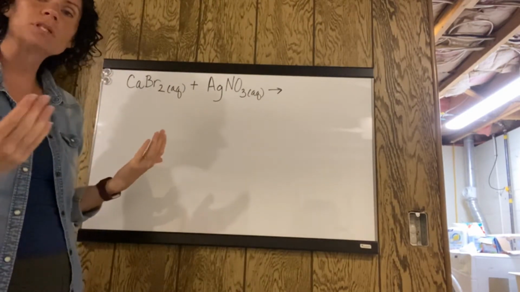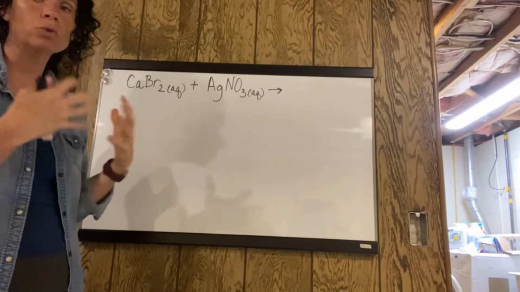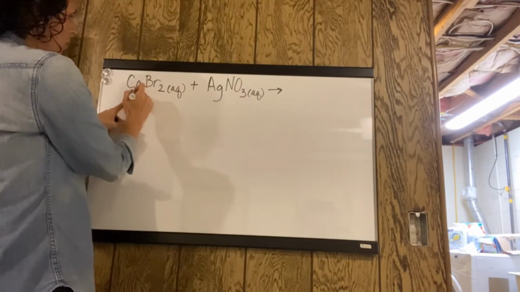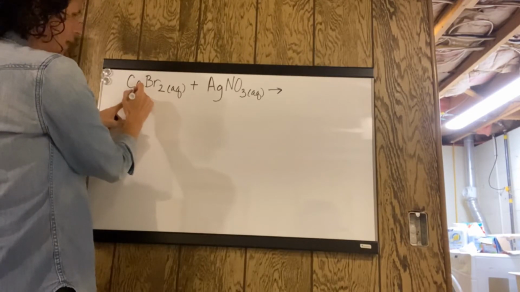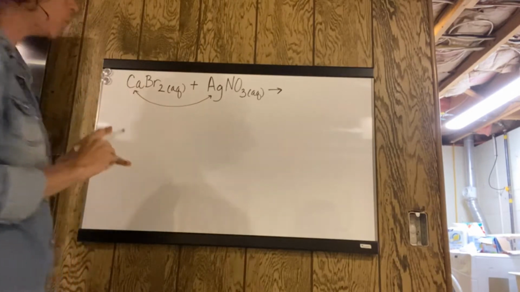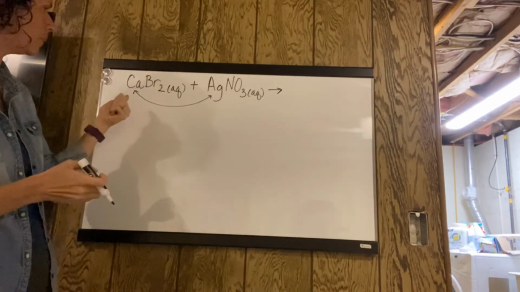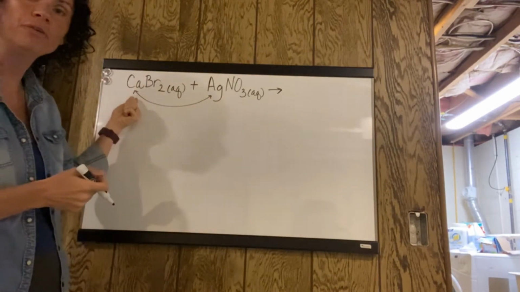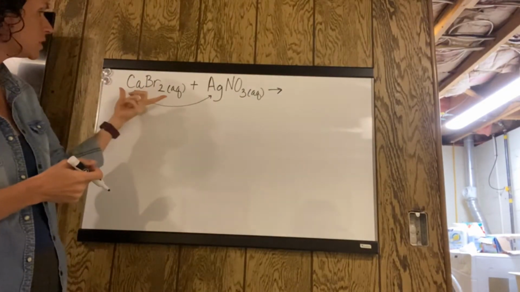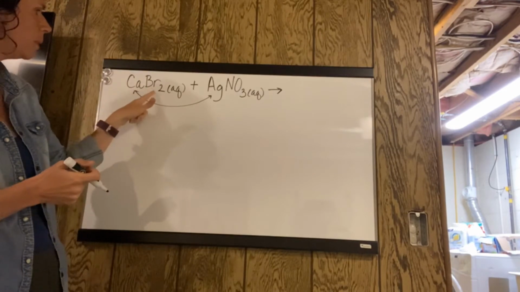And then what happens is when you mix these two solutions together, when the reaction happens, the cations end up switching partners. So every ionic compound is made up of a cation, a positive, and an anion, a negative. So in this solution right here, it's calcium bromide.